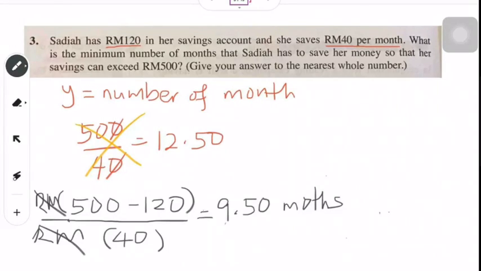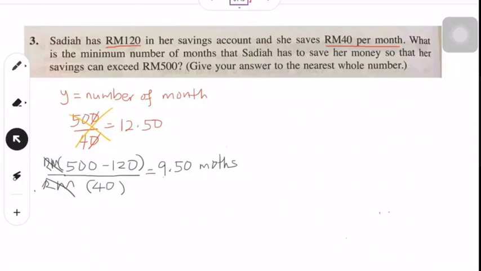Alright, how do you write the inequality if y is the number of months? You already get 9.50 months. How do you represent this using y as the number of months, and remember it says to use a whole number?